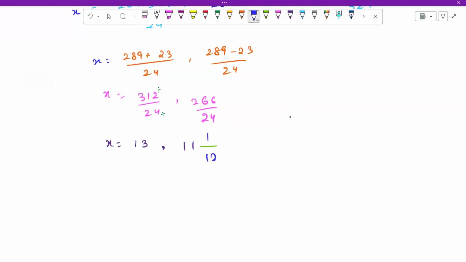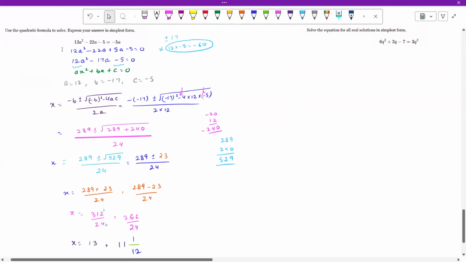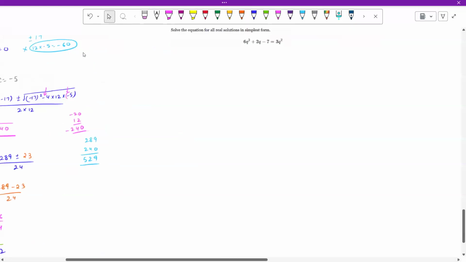Yes, that's right. So 2/24 is going to be simplified to 1/12. Okay, so this is how we can solve it by using the quadratic formula method.